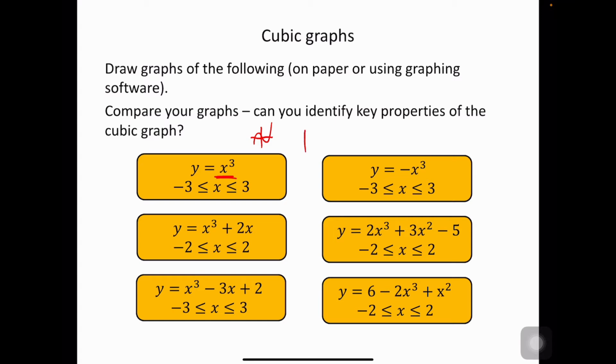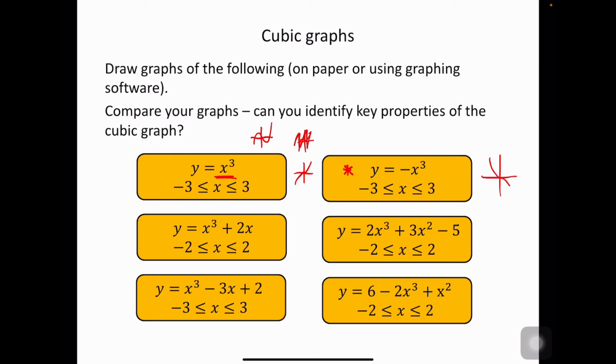To be precise, it's going to be something like that, because there are no roots. But looking at this one, I can see that it will be the opposite.